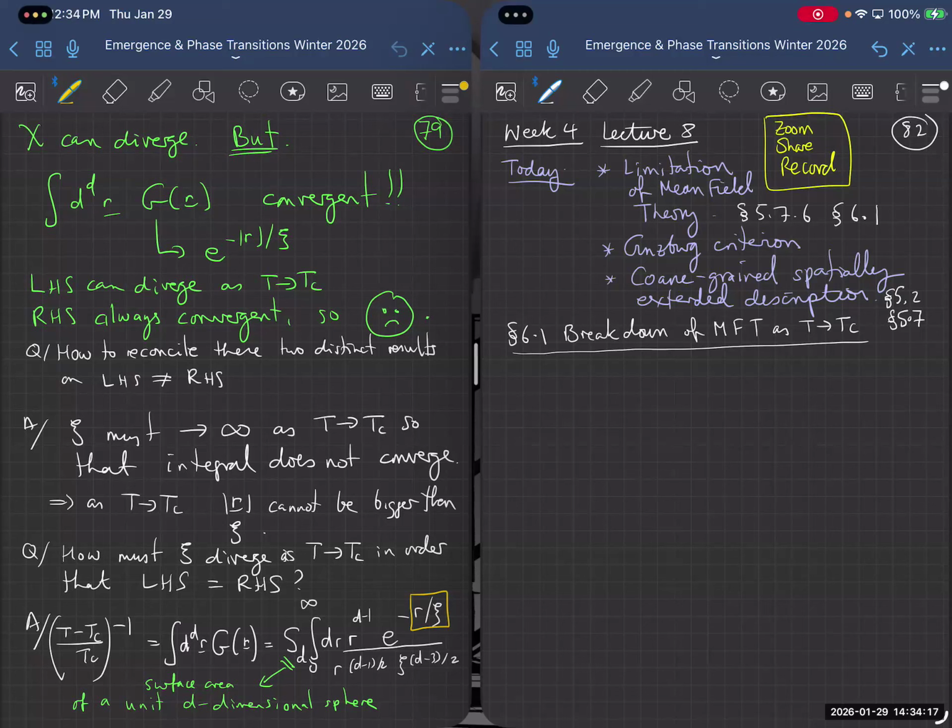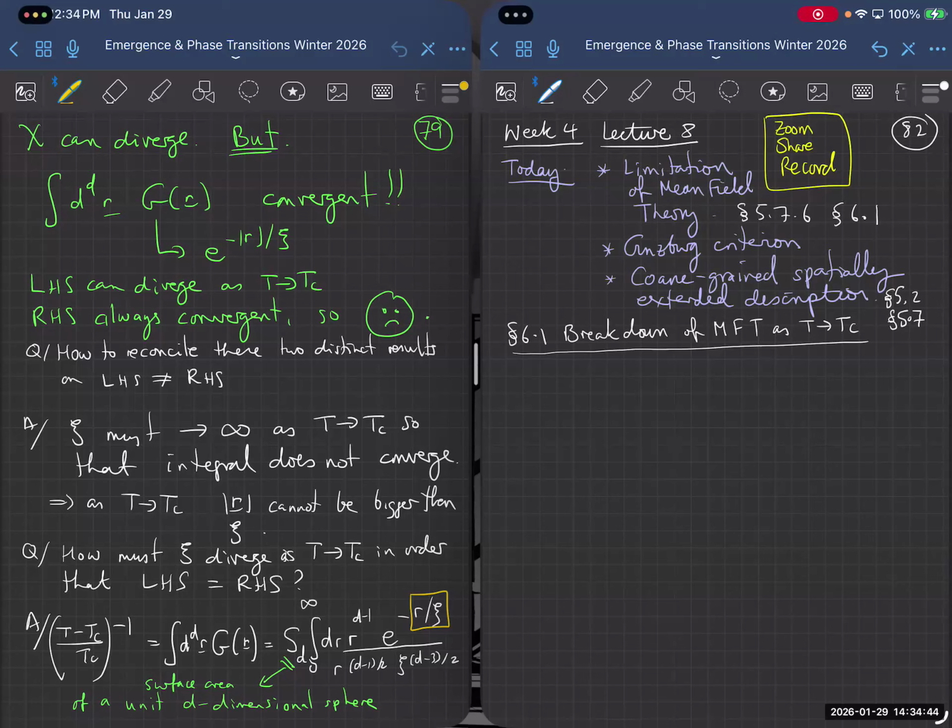The only way we could have a divergent quantity on the left-hand side as t tends to tc, and a convergent quantity on the right-hand side, is if the integral does not converge. And that can only happen if the correlation length itself diverges.